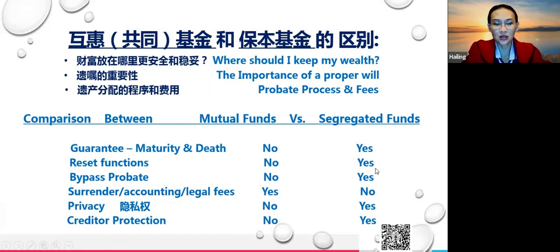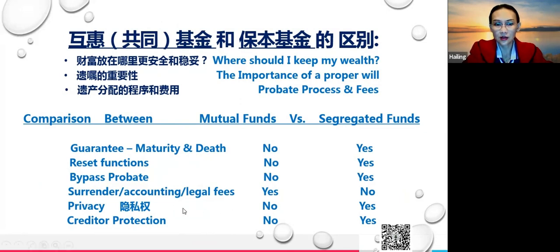There's a reset function, which means what? You can protect the principal and also lock in the gains during the years. It can bypass probate. Even without a will, the money will be given to the beneficiaries within 7 to 10 days.